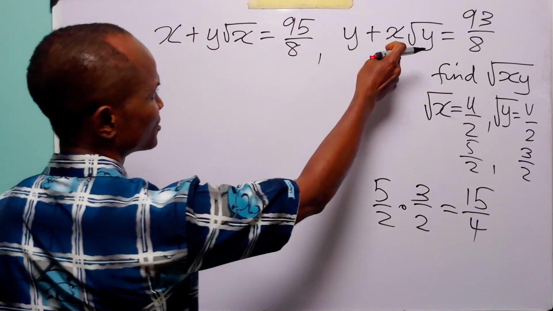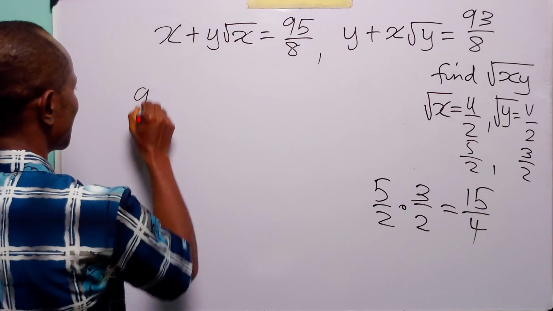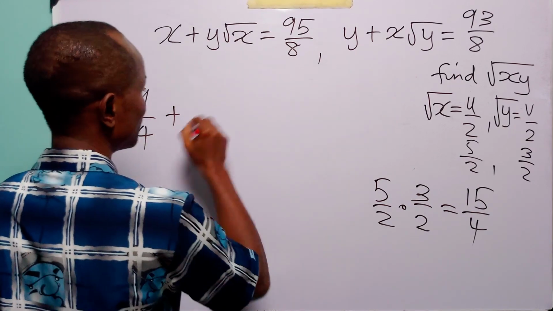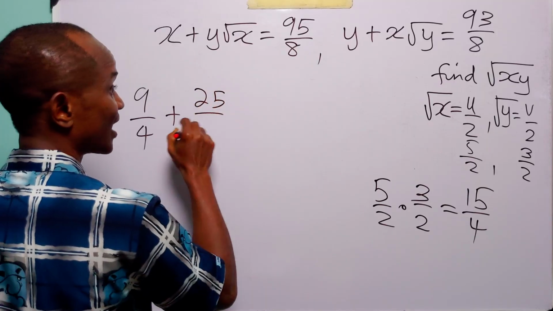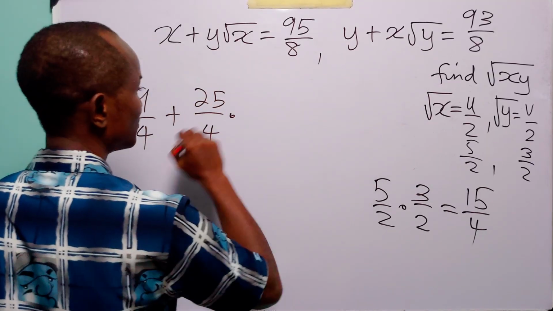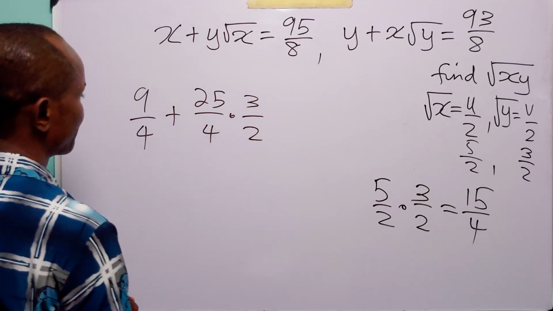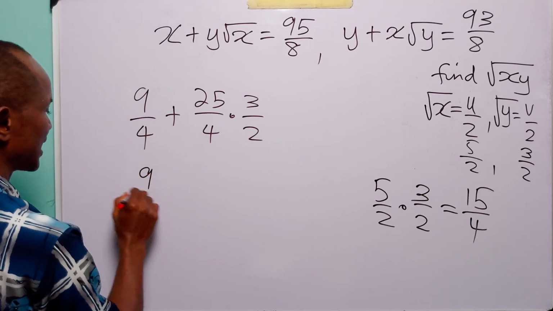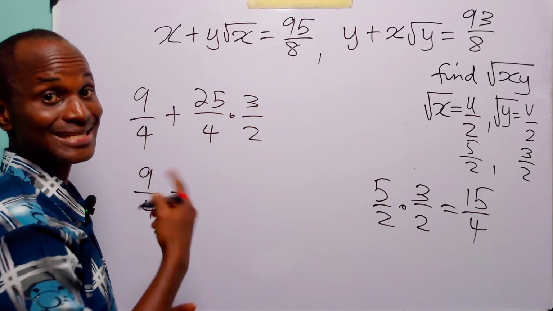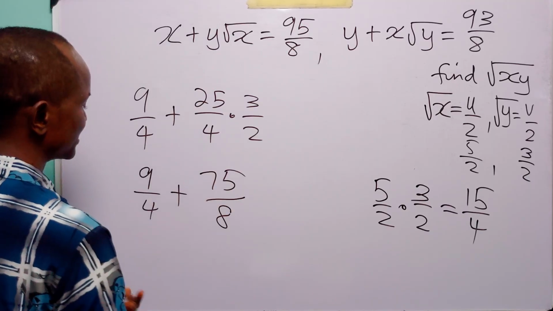In the same way, when we substitute into this, we have y, which is 9 over 4, plus x, which is 25 over 4, multiplied by root y, which is 3 over 2. Here we have 9 over 4 plus 25 times 3 is 75, and 4 times 2 is 8.